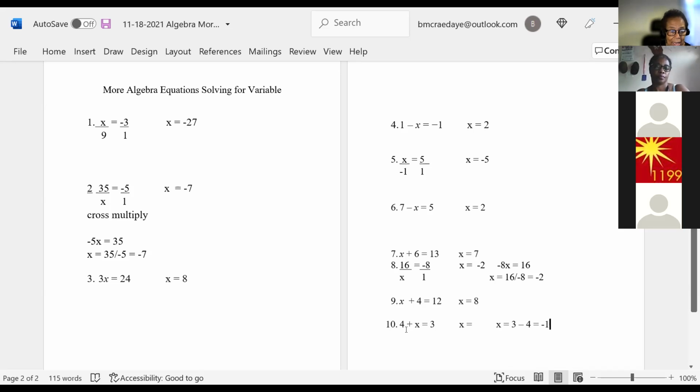Remember, when you're adding a variable to a number and the result is smaller, the variable has to be a negative number. So this will be -1. Got it, Maureen? Because you're decreasing the 4 to a 3, you've got to add a negative number to it, and that number is -1.